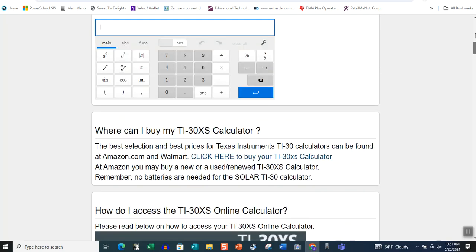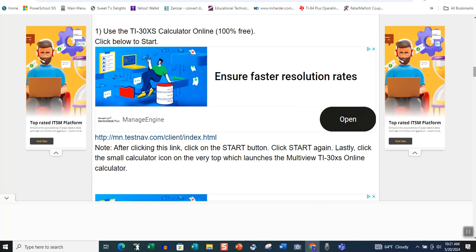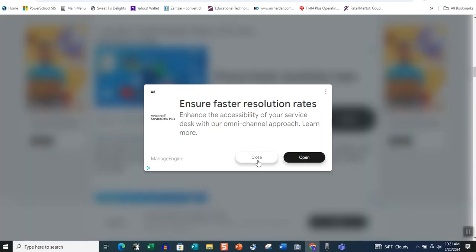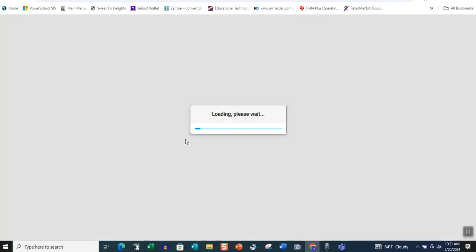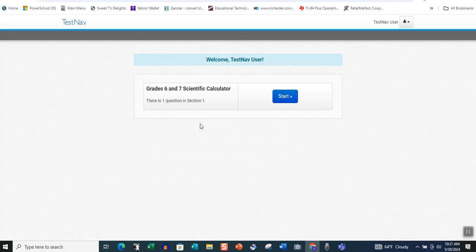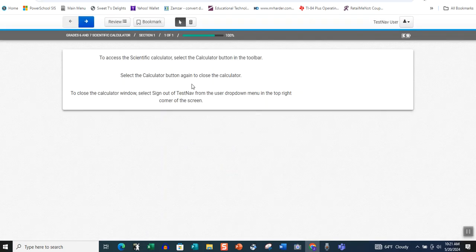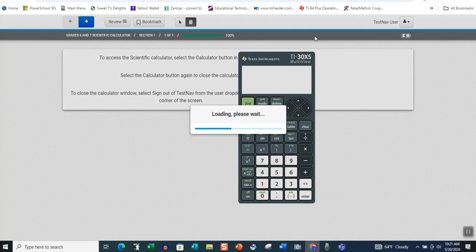Then you will scroll down, and then you will click here. All right, then you'll press start, start again, and then up here you'll click the calculator.